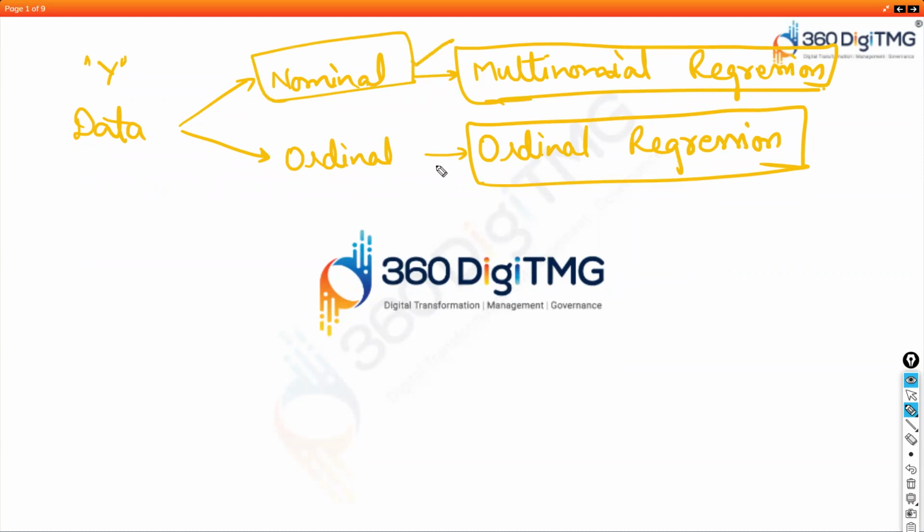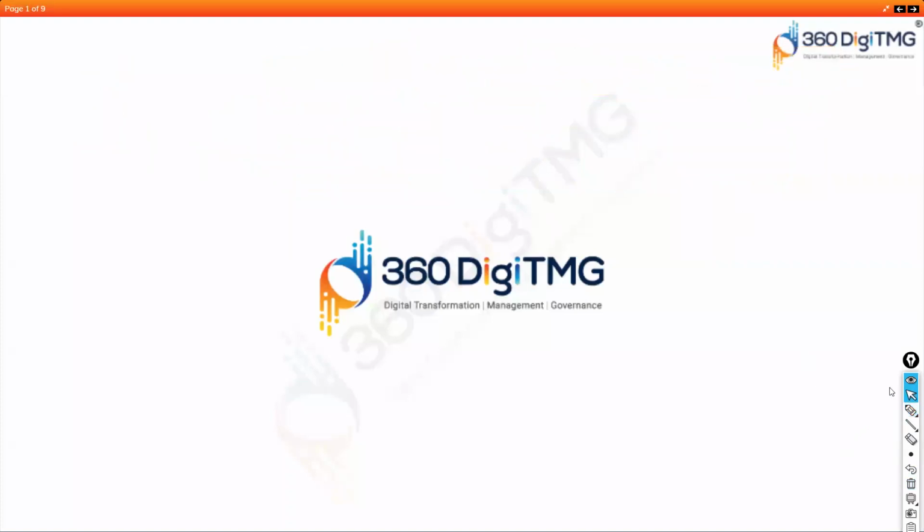So we discussed this, but switching to ordinal regression usually doesn't give you any better result, even if you have ordinal data. People usually treat it as nominal data and proceed further with multinomial regression. Why do they do that? Because usually the results are not so profound. It doesn't warrant that you try out a different set of algorithms.